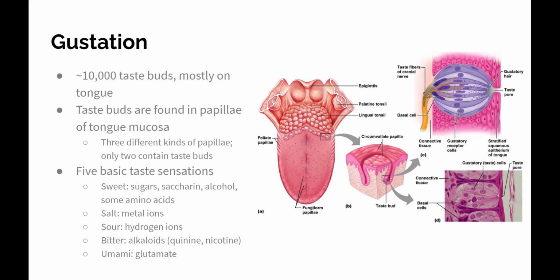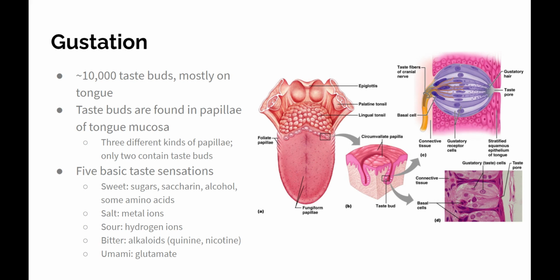You think of sodium chloride, right? When metal ions stimulate the taste buds, then it tastes salty. Sour is hydrogen ions, right? When a hydrogen ion stimulates one of them, you register that as sour. Bitter tasting things are alkaloids, like quinine or nicotine.